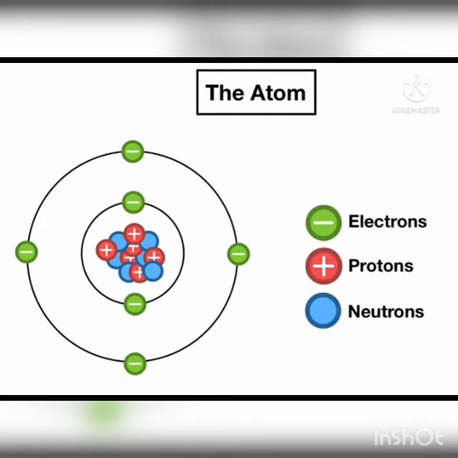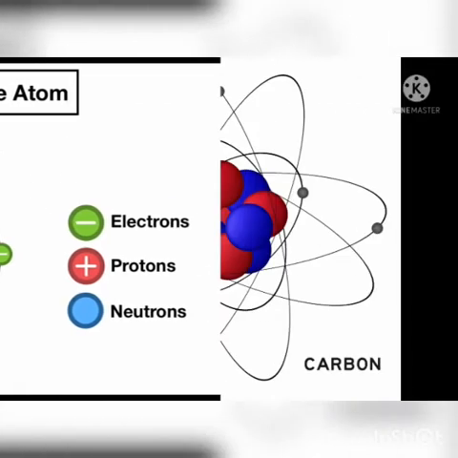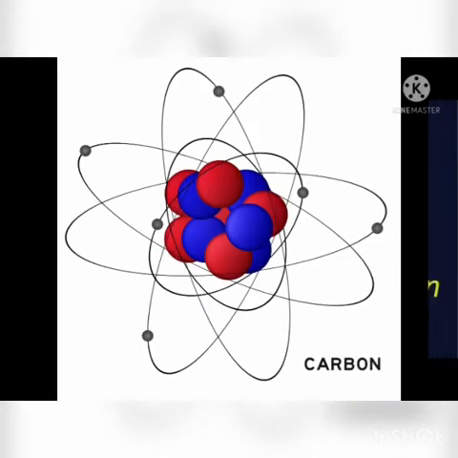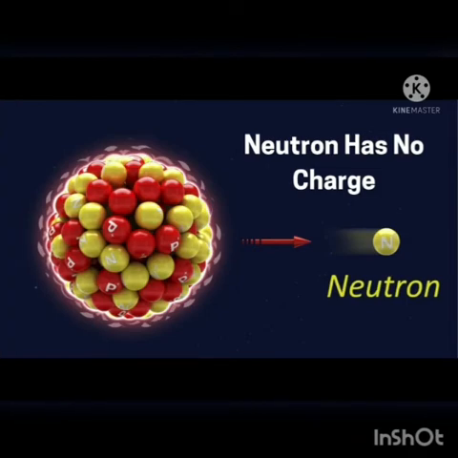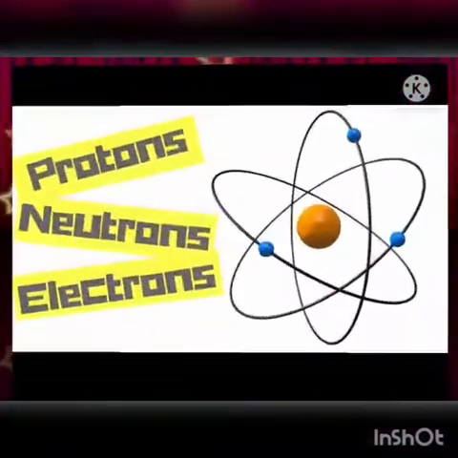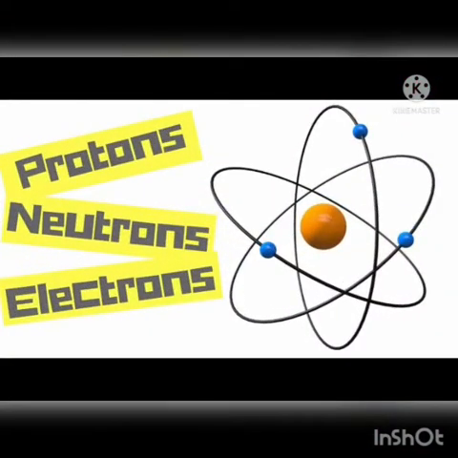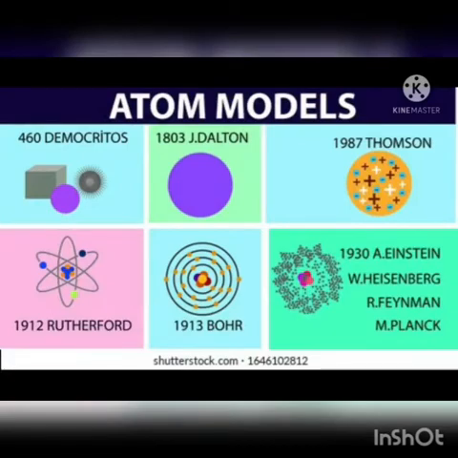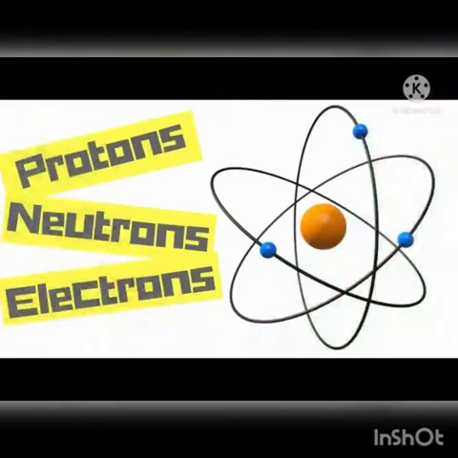But do remember that the third subatomic particle, the neutron, had not been discovered at that time. We are talking about the late 1800s, when only electrons and protons had been discovered. So all the atomic models that were studied only contained protons and electrons.